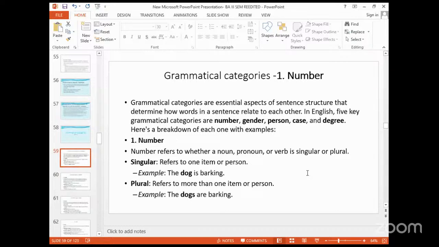Now, one can find number distinguished even in the personal pronouns like I, we, he, they, right? And also in the possessive, we find forms like my, our, her, their. Also in the reflexive, myself, ourselves, himself, themselves. So do you notice the number here? Right? The singular and the plural.